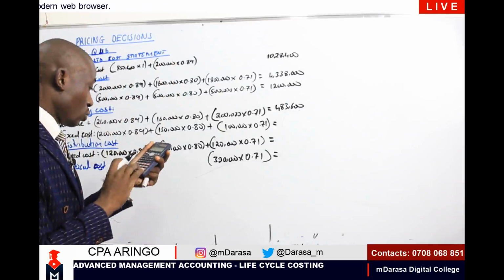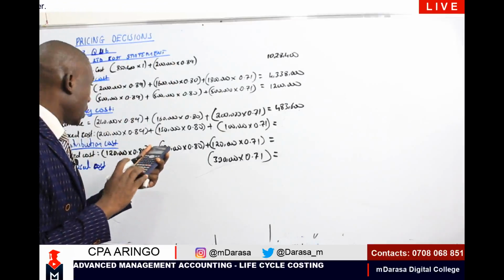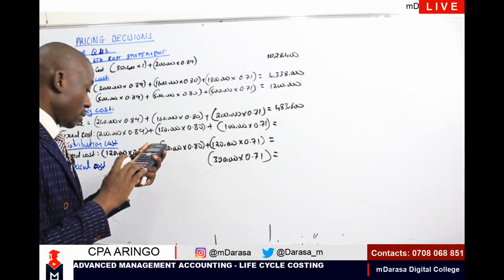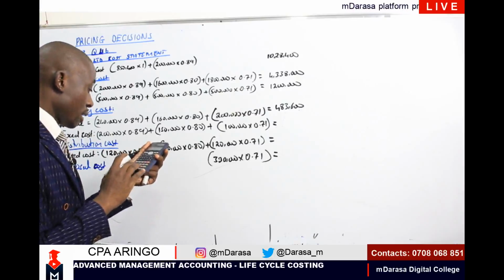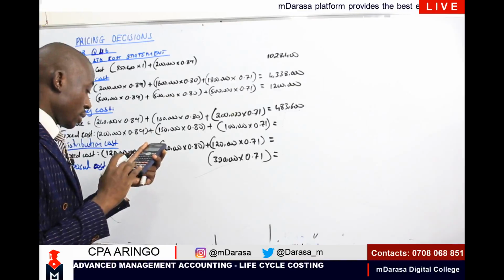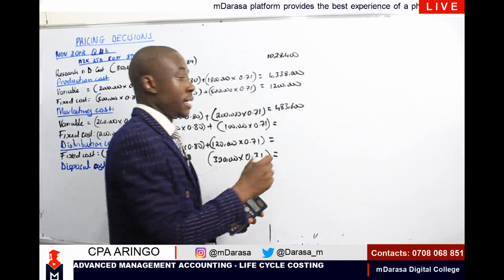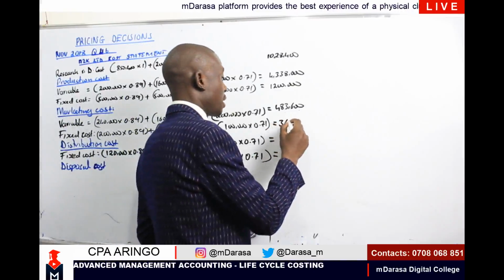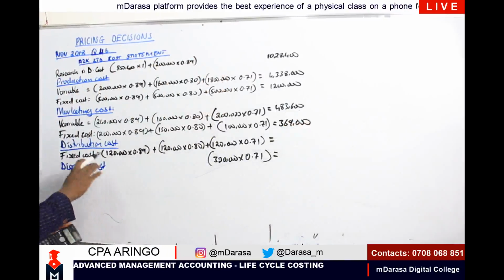What about the other one? You should be talking of 200,000 times 0.89. We are going to add 150,000 by 0.80. We are going to add 100,000 by 0.71. So in that case, I'm having a figure of 369,000. Then talk of fixed cost here.